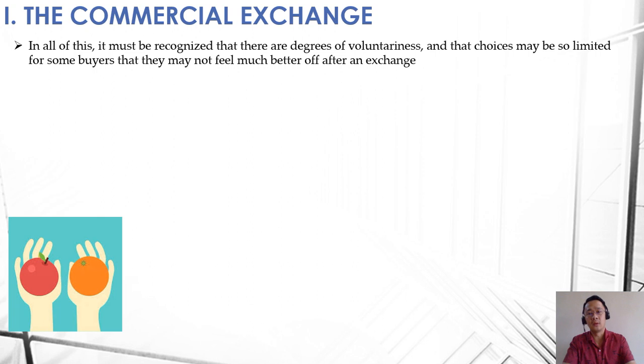So, for example, the only choices that you have are the apple and the orange, but what you truly desire is, for example, grapes. For that exchange, you have very limited options. You cannot truly guarantee that when you exchange your money, it will truly satisfy your need.